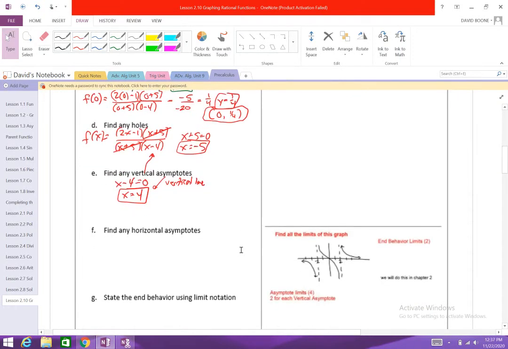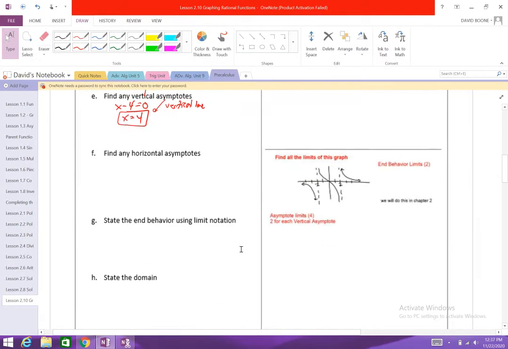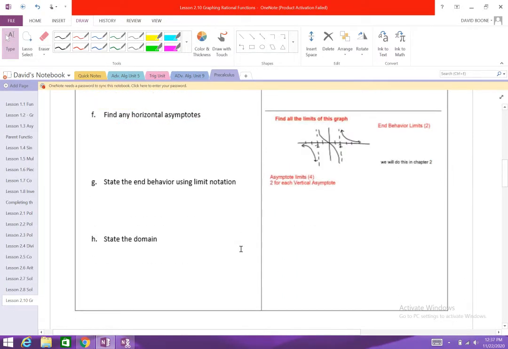The horizontal asymptotes. Okay, as we start looking at these other pieces, let me go back up and rewrite the original equation here. So that was f of x equals 2x squared plus 9x minus 5 all over x squared plus x minus 20.